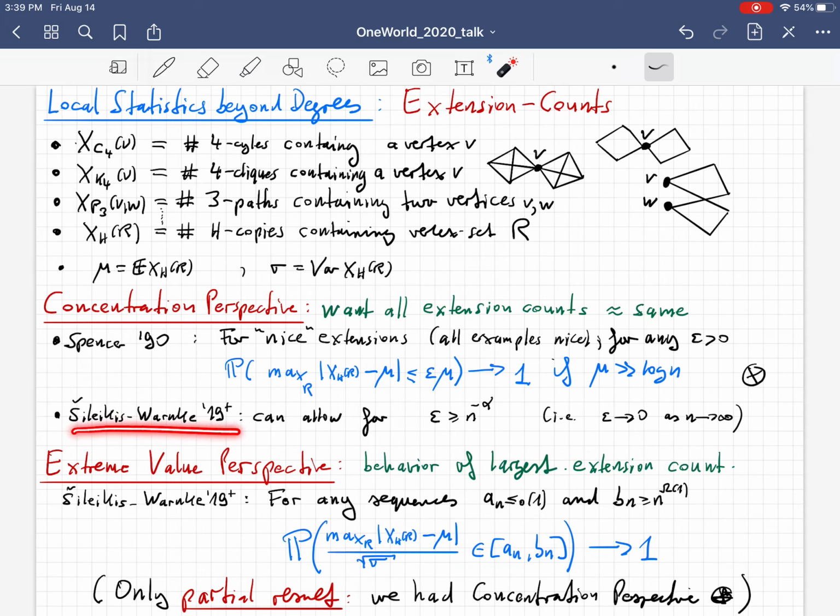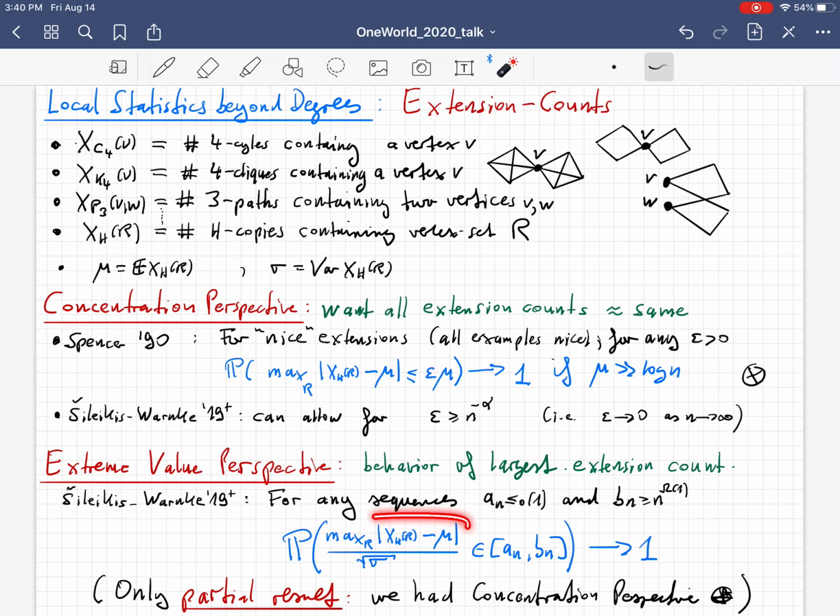So one thing that is a side product of this paper, where we really took this concentration perspective, is the following. Once we have this concentration result, it's natural to look at finer behavior. So we want to rescale things here by the square root of the variance.